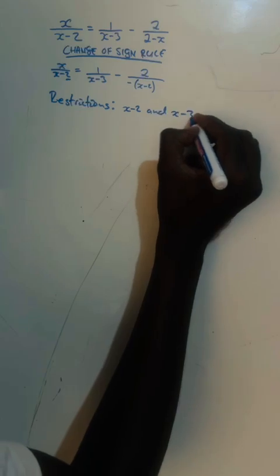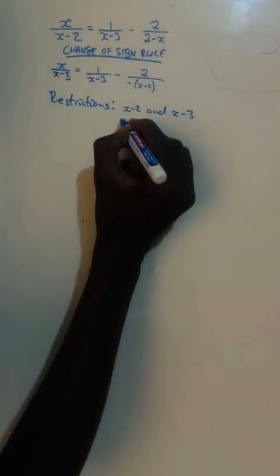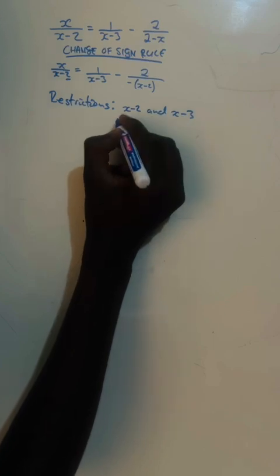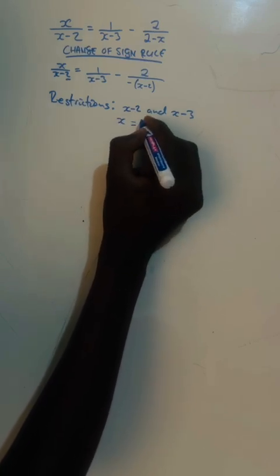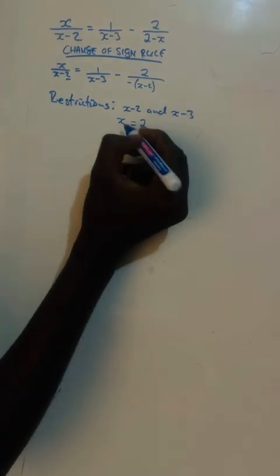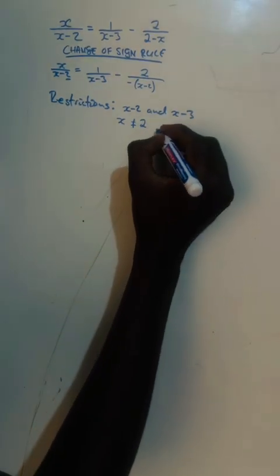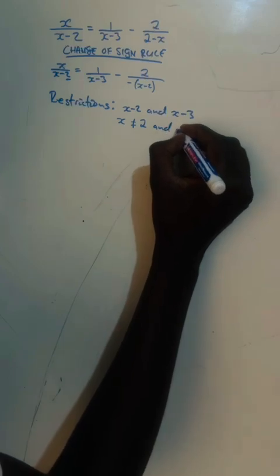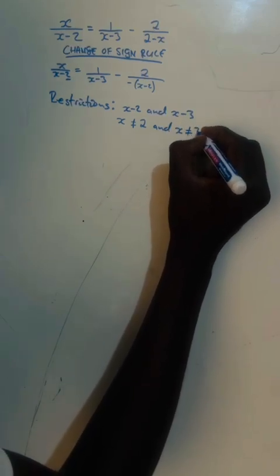Those are the restrictions we have, but it's not enough to just write it like this. Now I have to transpose this minus 2, which means it will be a positive 2. We now say that x must not equal positive 2, and x must not equal 3.